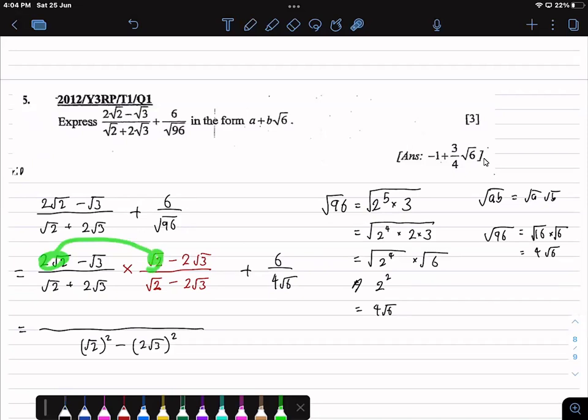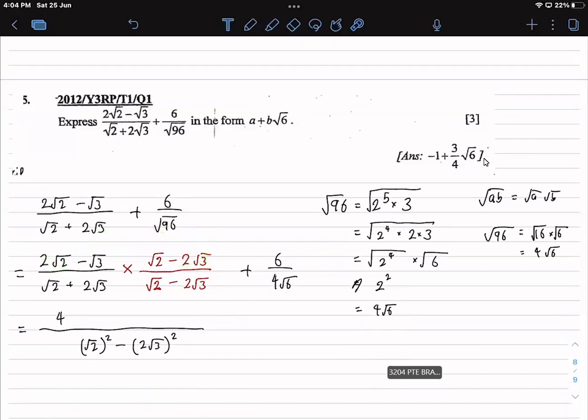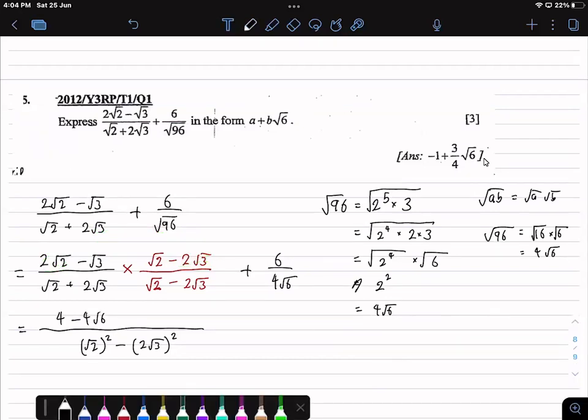2 root 2 times root 2. What do we get? 2. Wrong. 4. 4, correct. Because root 2 times root 2 gives you a 2. 2 times 2 is 4. Next one, 2 root 2 times negative 2 root 3. Minus 4 square root 6. Yes. Good. Next one, minus root 3 times root 2.